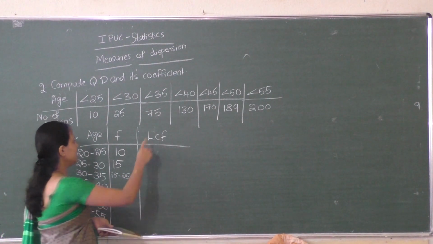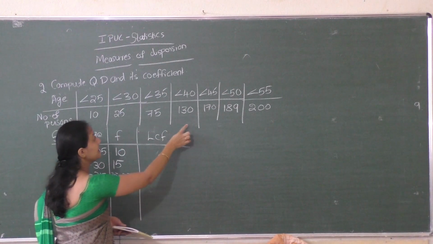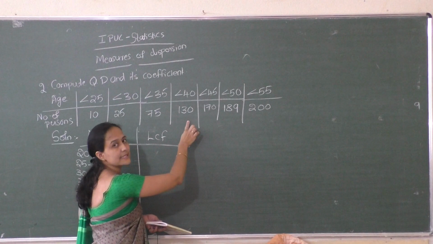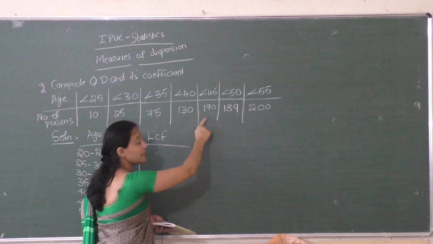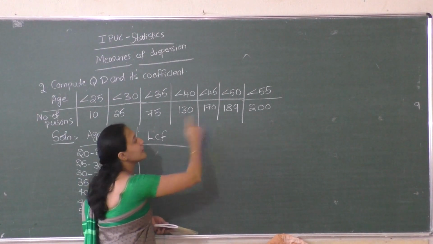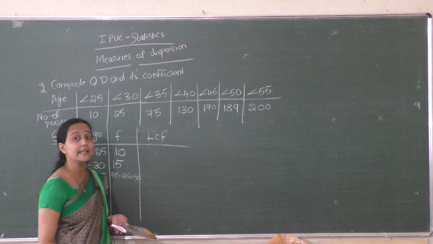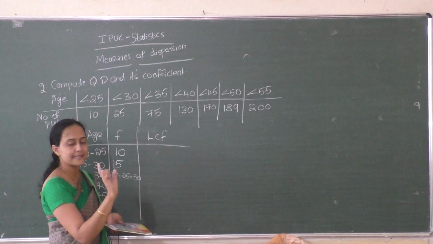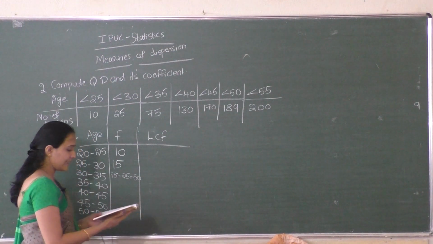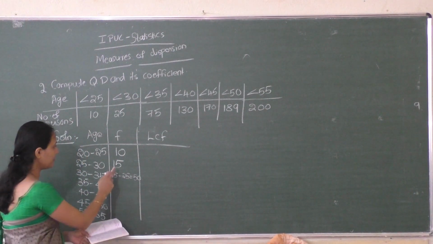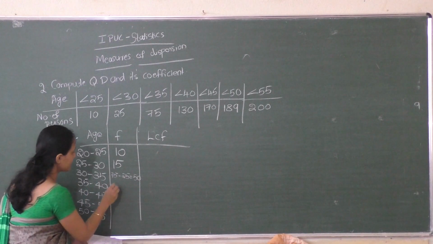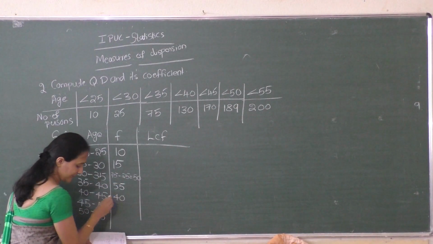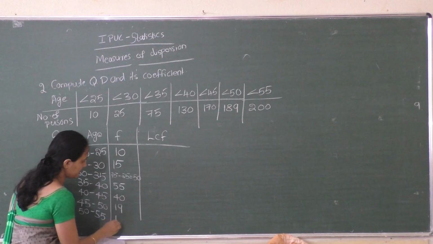Correct? Then 130 minus 75, 170 minus 130, 189 minus 170, 200 minus 189. Remember that the first frequency is the same, it doesn't change. So I will write the answers only: 10, 15, 50, 55, 40, 19, 11.